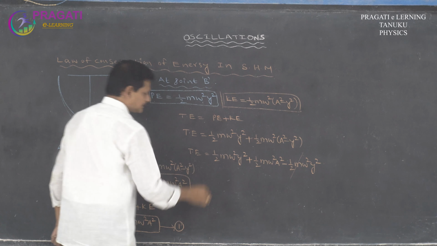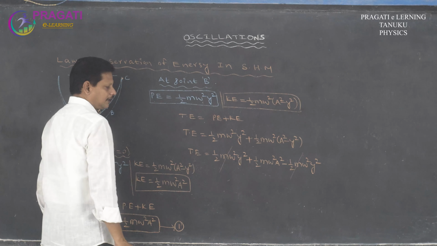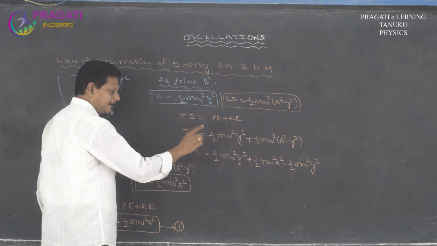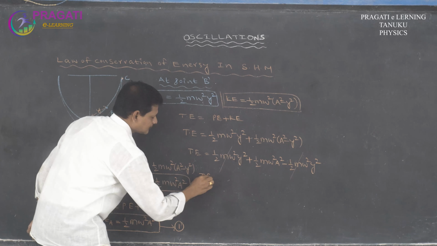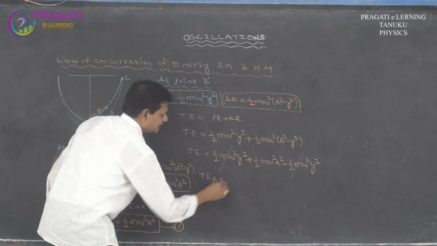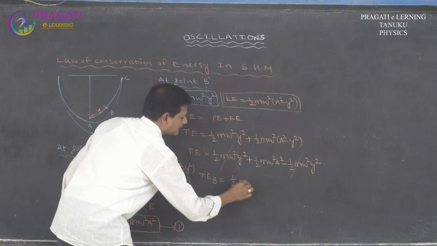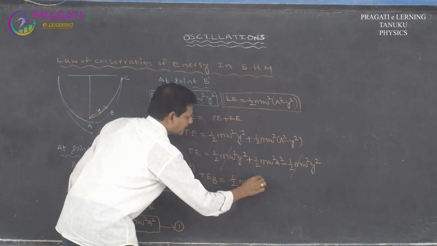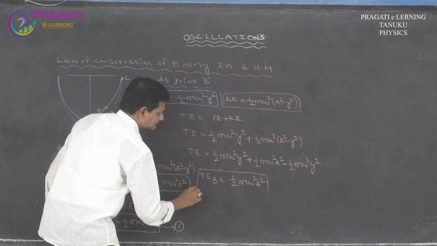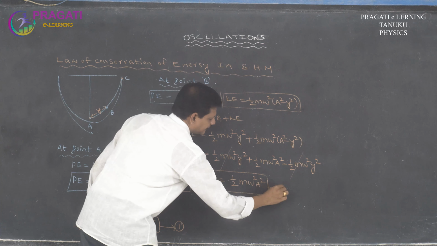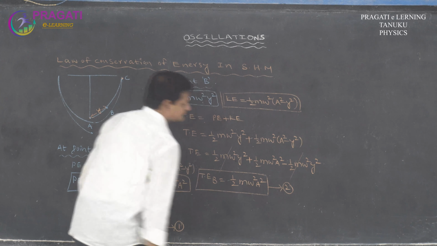By cancelling half m omega square y square with minus half m omega square y square, total energy at point B is half m omega square A square. Say it is equation 2.